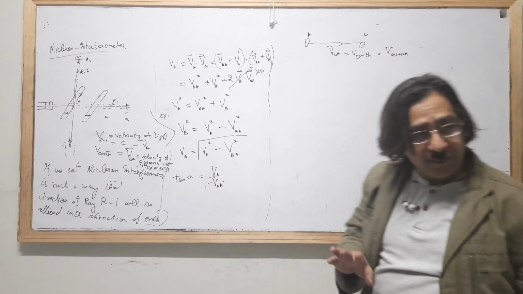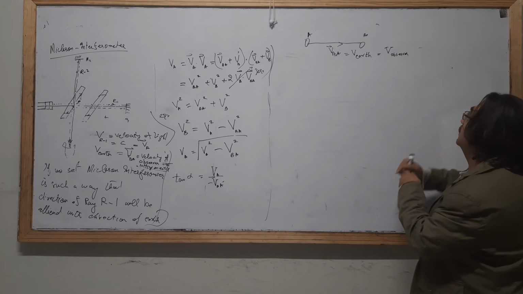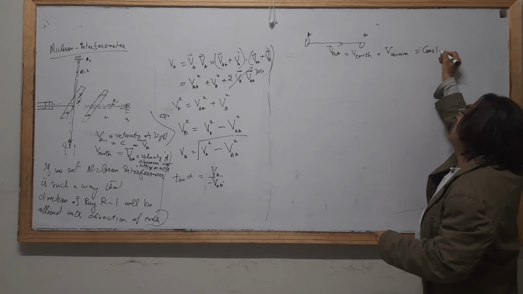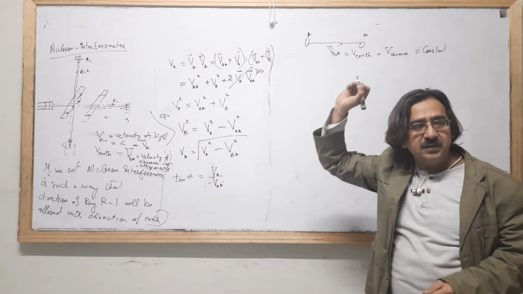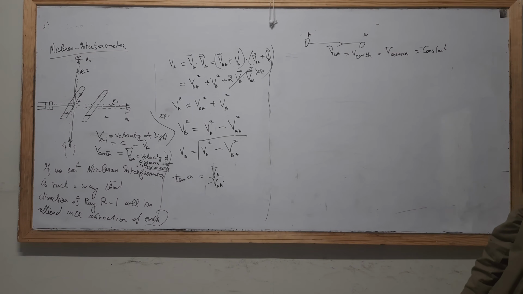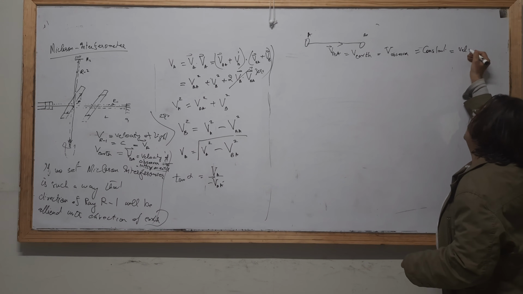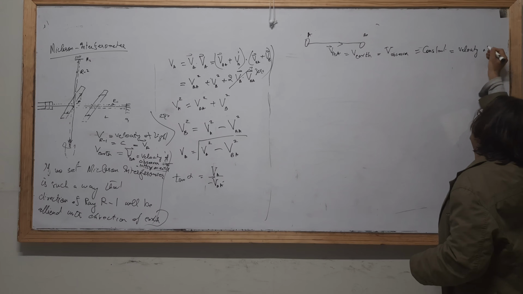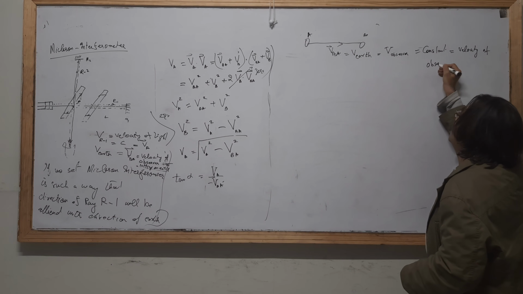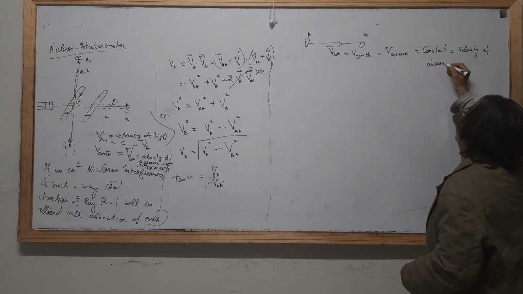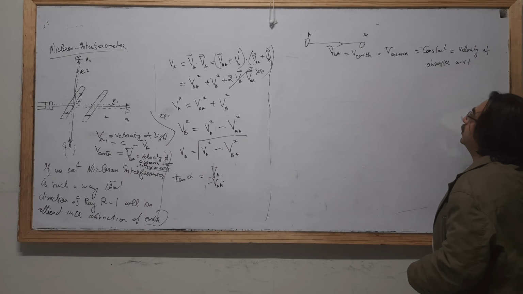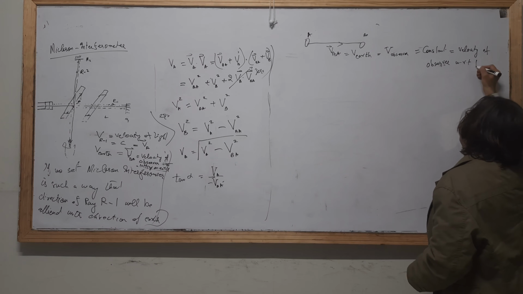So this must be a constant, because we are considering the inertial frame. This is the velocity of the observer, that is, the velocity of the observer with respect to the frame at rest.